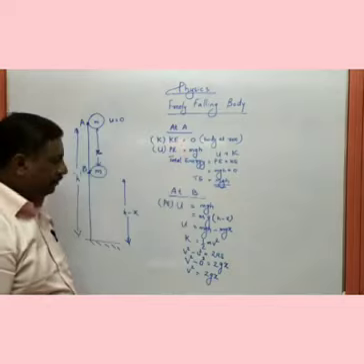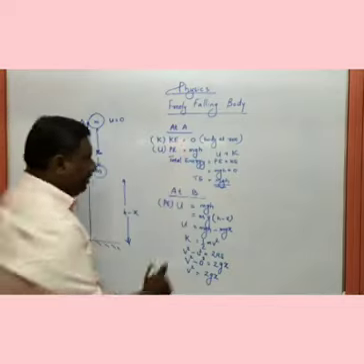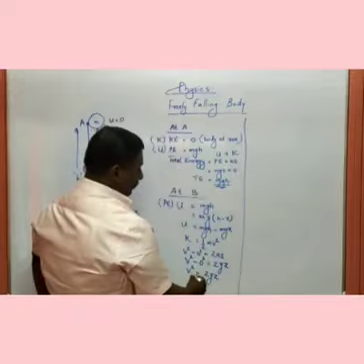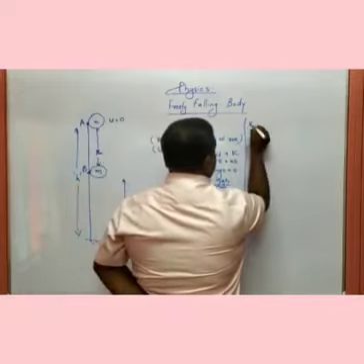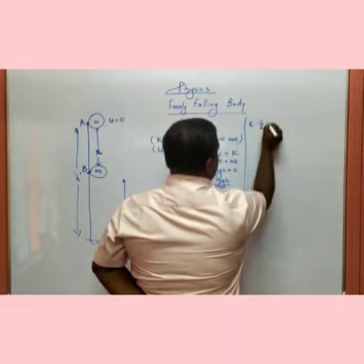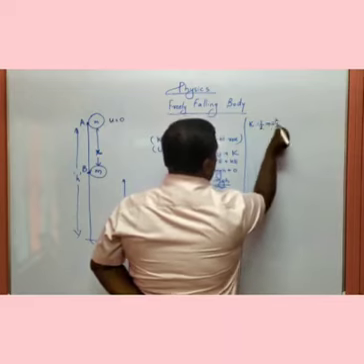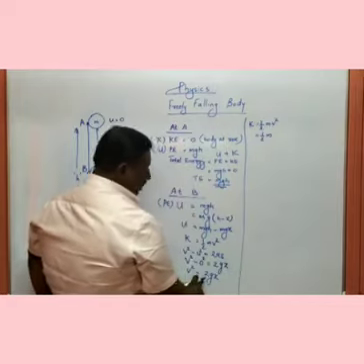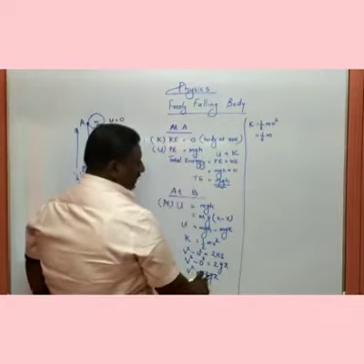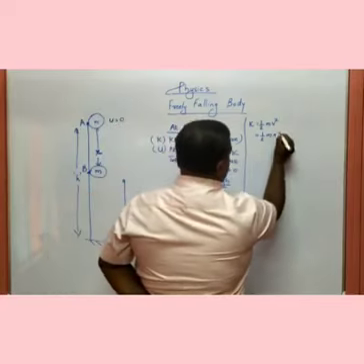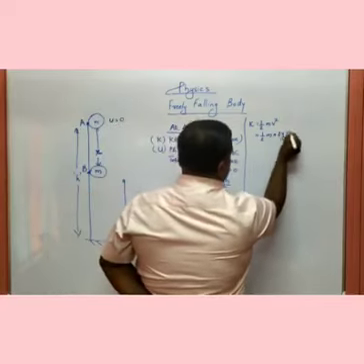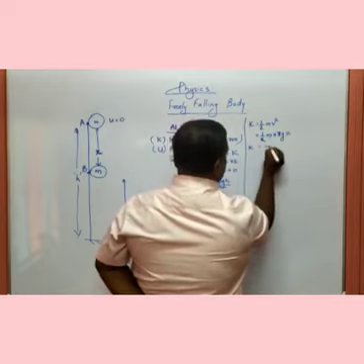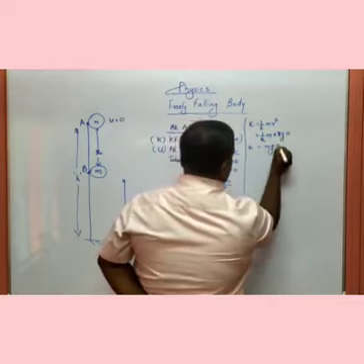Can you follow me? Okay, then we can write. We got the value. Kinetic energy is equal to half mv square. Half m, we got the value of v square, that is equal to 2gx. The 2 and 2 cancel. K is equal to mgx.